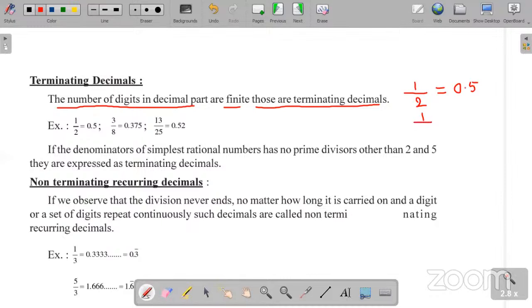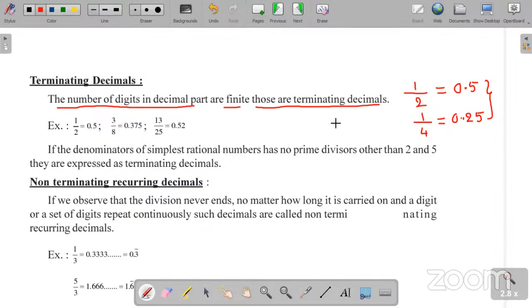For example, 1 by 4 we can write as 0.25. Here, 0.5, the digits after the decimal point are said to be the decimal part. The decimal part is finite. Finite means countable numbers. Only one digit here, and two digits after the point there.